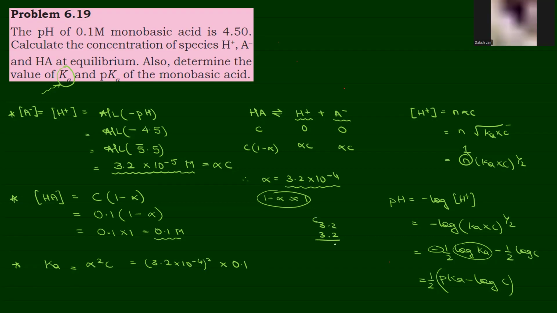Yes. 32 to 64, 32 to 396 and 102, 10.24. So this is 10.24 into 10 power minus 9 हो जाएगा, which is 1.024 into 10 raised to minus 8.